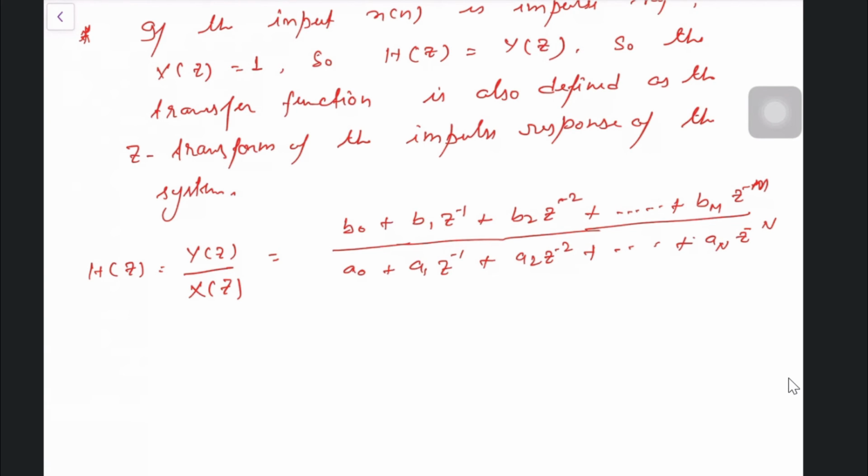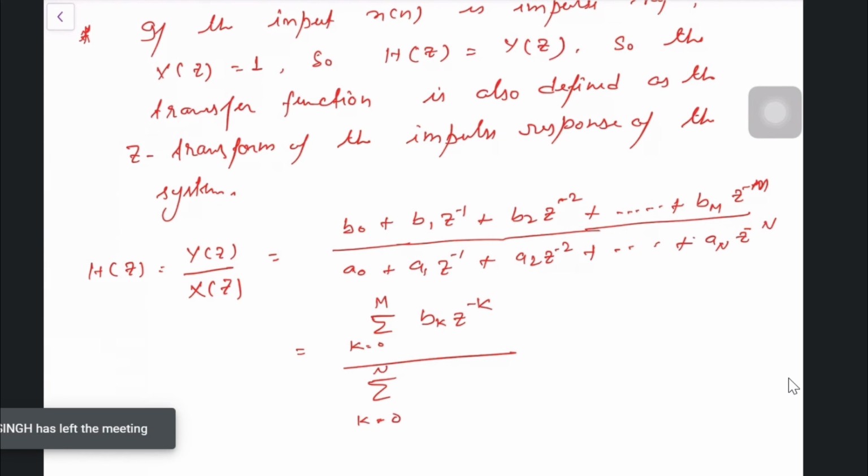So if we want it in summation form, it is summation k equal to 0 to M of bk z to the power minus k, upon summation k equal to 0 to N of ak z to the power minus k.